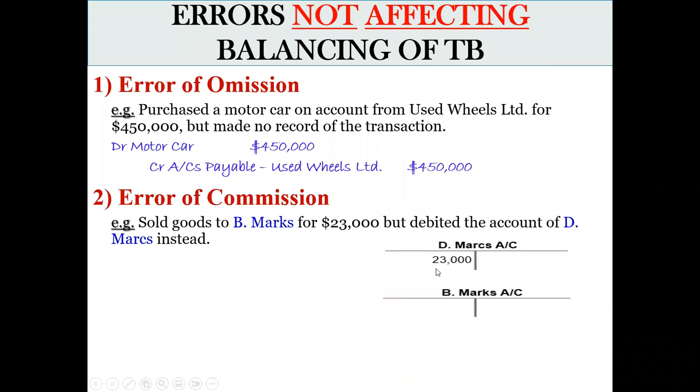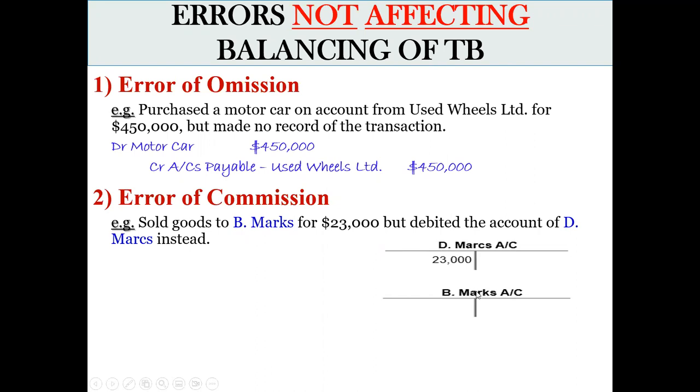He says, no, man, I don't owe you. So what do you do now? You run back to your source document. And when you run back, you say, oh my word, it's not D Marks, it's B Marks.